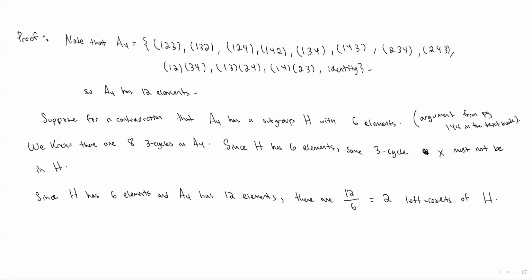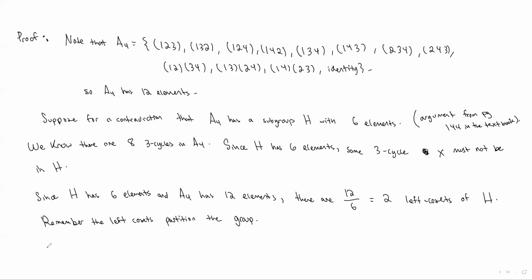And remember, the left cosets partition the whole group. Partition means split into disjoint sets. So therefore, we actually know what the two cosets are.